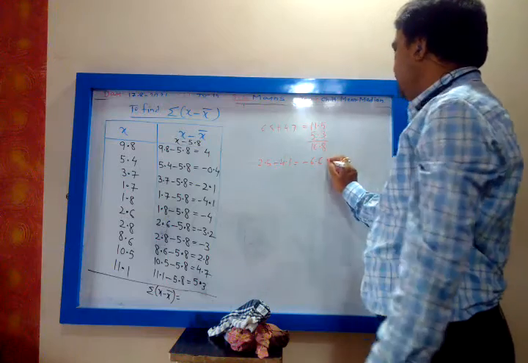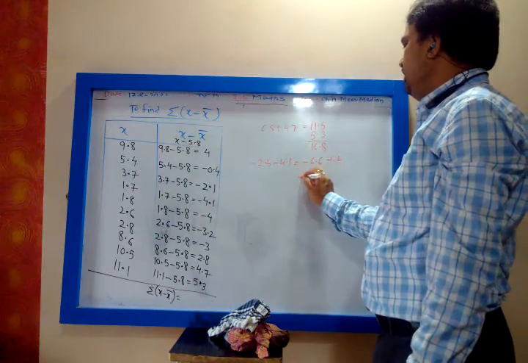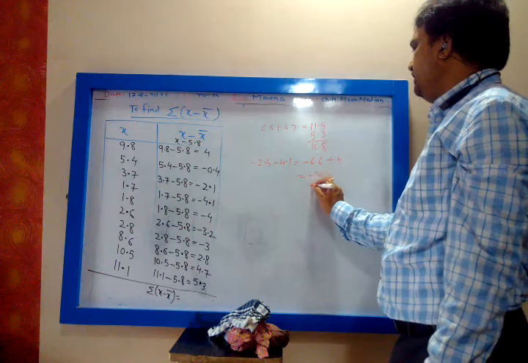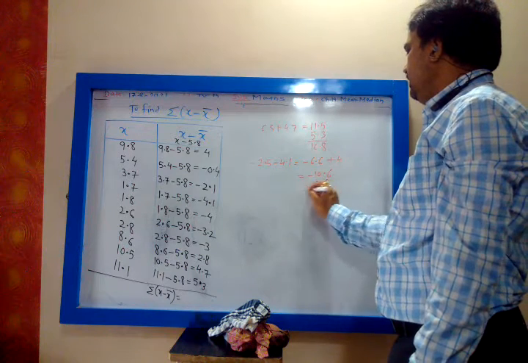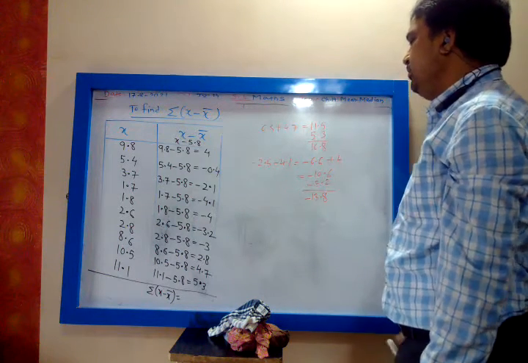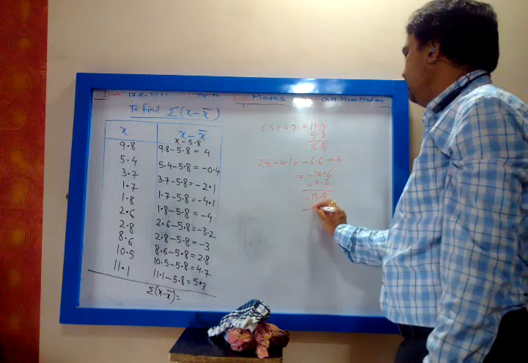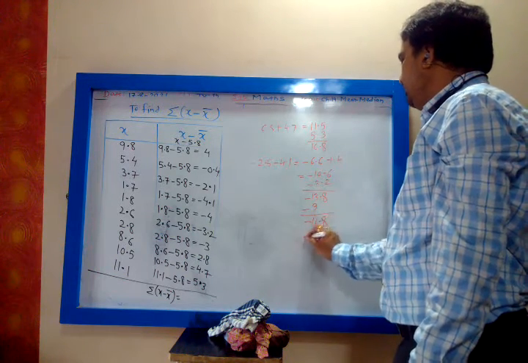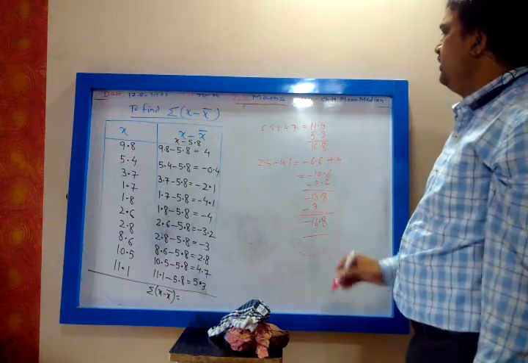Minus 6.6 plus 4 is minus 10.6. Minus 10.6 minus 3.2 is minus 13.8. Minus 13.8 minus 3 is minus 16.8. So the negative sum is minus 16.8.